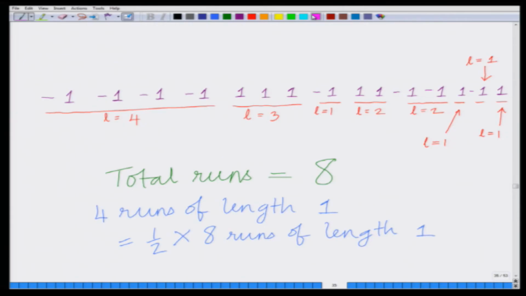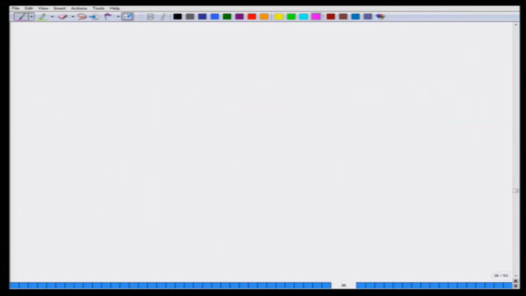Now, let us look at the number of runs of length 2. We have 2 runs of length 2, which means 1/4 of 8, where 8 is the total number of runs. 1/4 of 8 is 2.